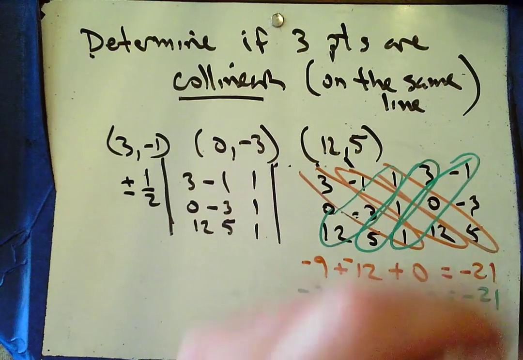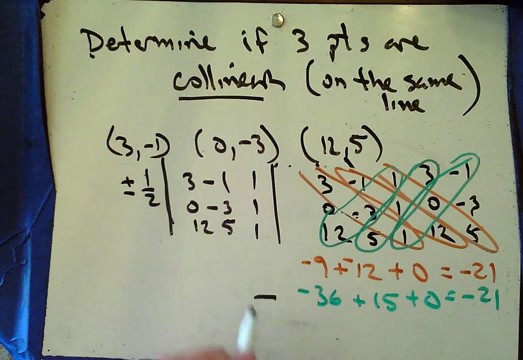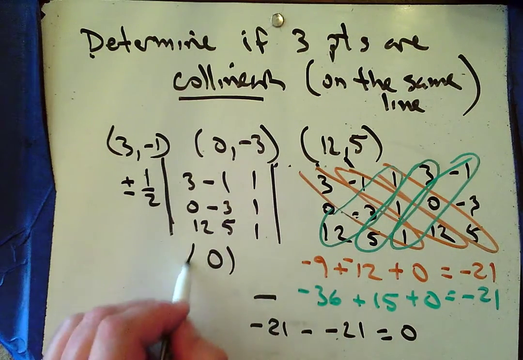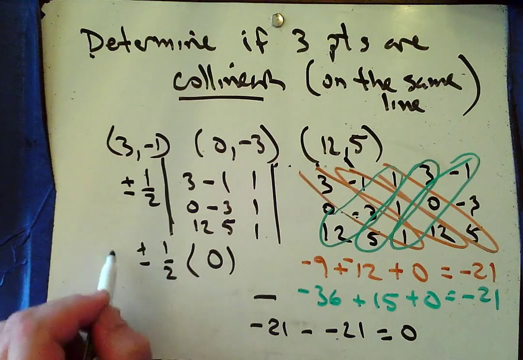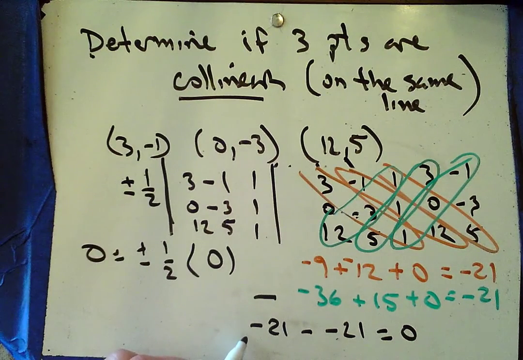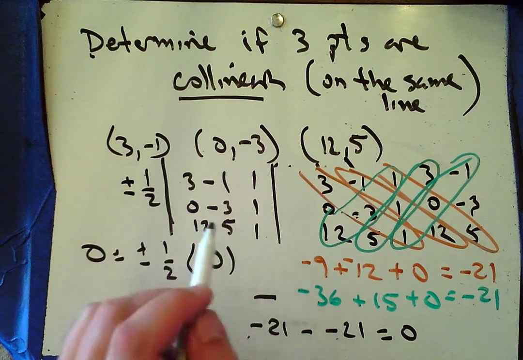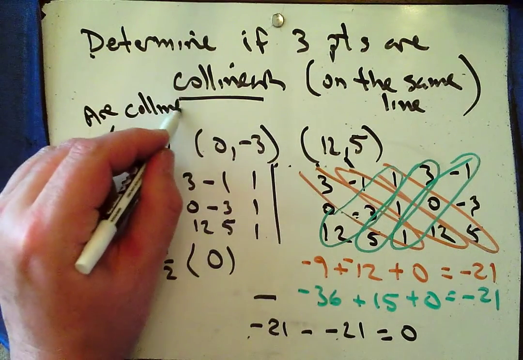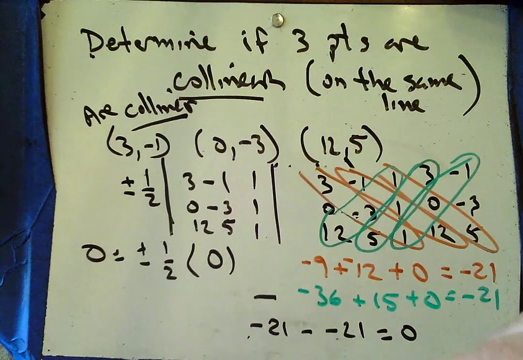And when I do one diagonal product minus the other diagonal product, I end up with 0. Since the determinant is equal to 0, I know the area is equal to 0, and therefore these 3 points are collinear. Okay.